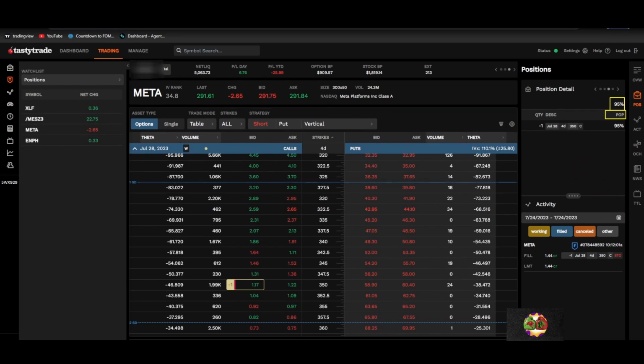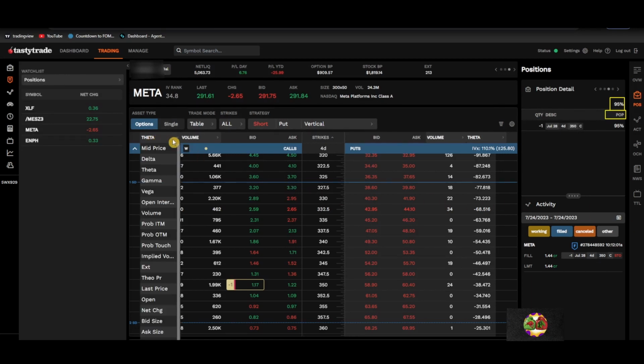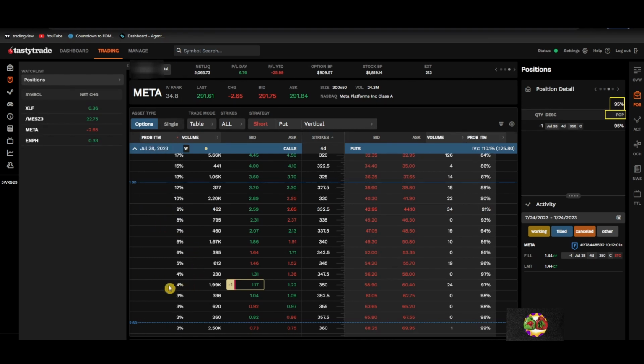All right. So those probabilities go both ways, don't they? So if I go over here and just change this to probabilities of in the money, I can look over here. The market is closed, but earlier today, since there is a 95% chance of making 1 penny or more, you would think that this would be a 5% chance of the 350 strike trading in the money in 4 days, right?